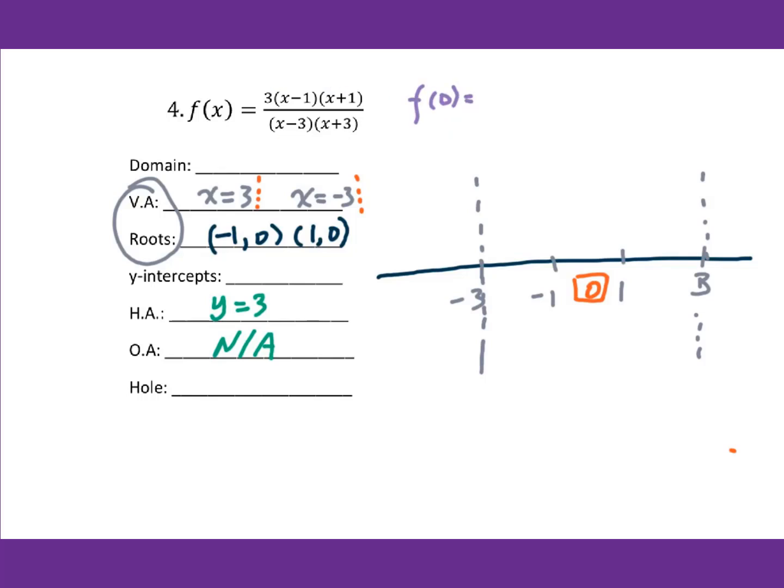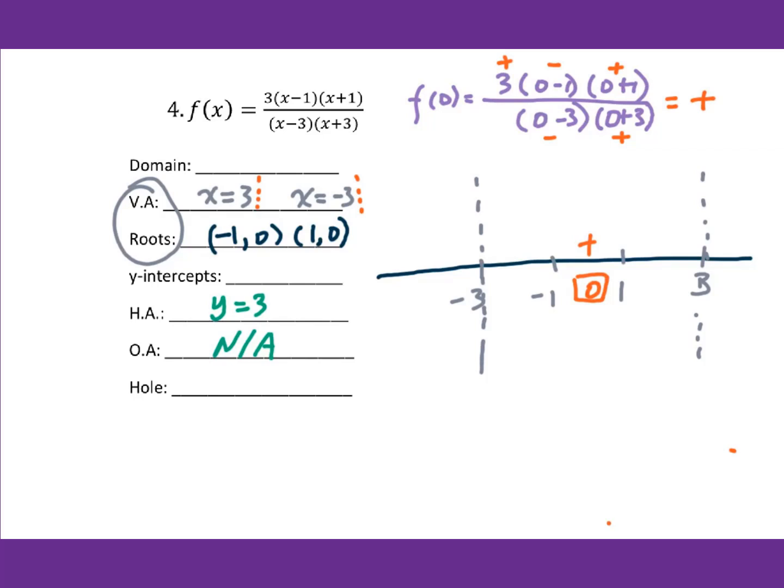F(0) equals 3 times (0 minus 1)(0 plus 1) over (0 minus 3)(0 plus 3). Positive, negative, positive, negative, positive. So you will get positive, positive.